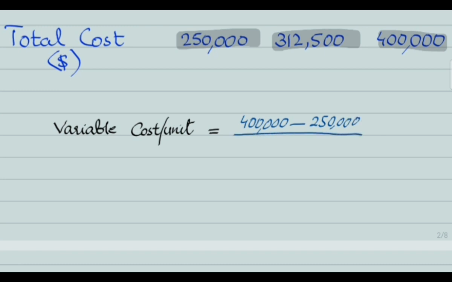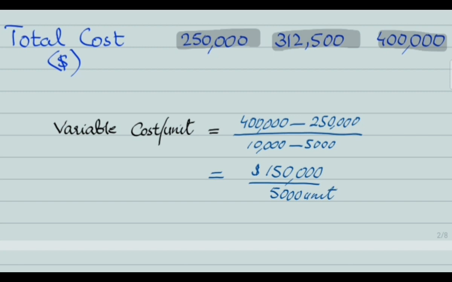Divide this by the difference in activity levels, the high activity level of 10,000 units and the low activity level of 5,000 units, and hence it will be $1,50,000 difference in cost divided by 5,000 units difference in activity level, and it will give you a variable cost per unit of $30.